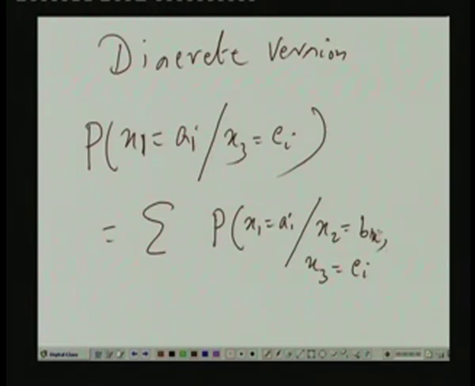So, it is bk here, this multiplied by the probability of x2 taking bk given x3 taking ci, and like we did integration with respect to x2, here it is summation over k. So, x2 can take b1, b2, b3, for each case this product is evaluated and added.